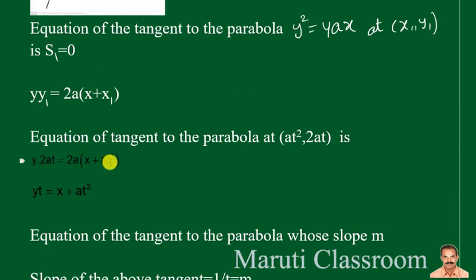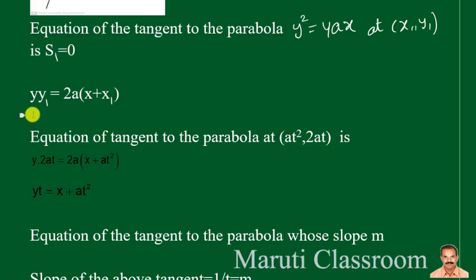Now we are finding the equation of the tangent to the parabola at (at square, 2at). To get the tangent equation at this point, we know the tangent at (x1, y1) is y y1 equal to 2a (x plus x1). We want the tangent at (at square, 2at), so write at square in place of x1 and 2at in place of y1.